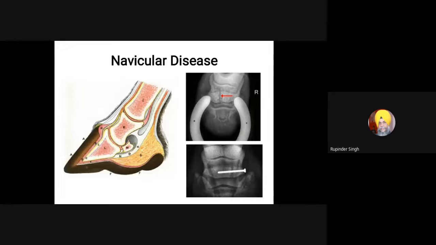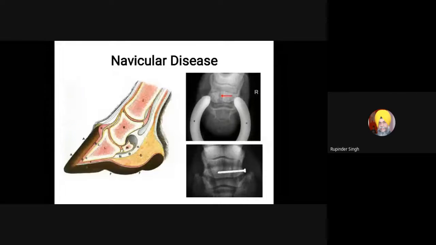This is being done in developed countries, but we can better plan these surgeries if we can create a 3D model, and then decide from where to insert the screw, how long the screw should be, and what should be the direction. This can be possible using 3D printing and modeling.